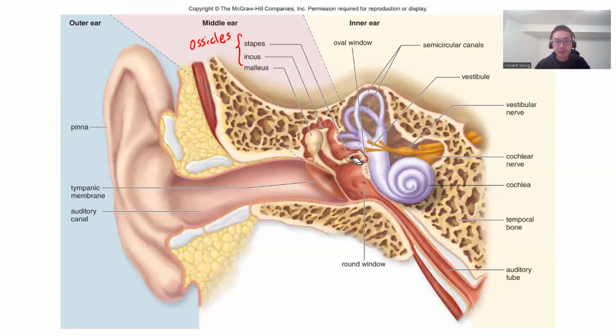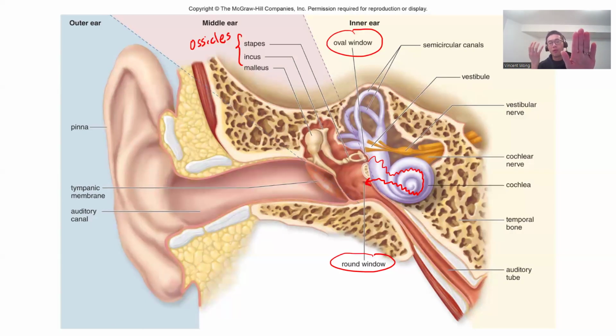And you can see the stapes is going to be pressing on the oval window. Last time I briefly told you that the oval window is going to send the shock wave inside the cochlea, and then it's going to come back, and the excess pressure is going to be relieved from the round window. So as we push in the oval window, the round window is going to pop out.